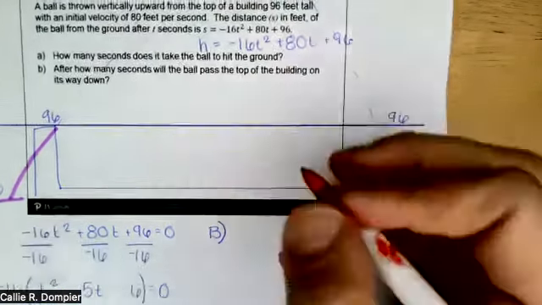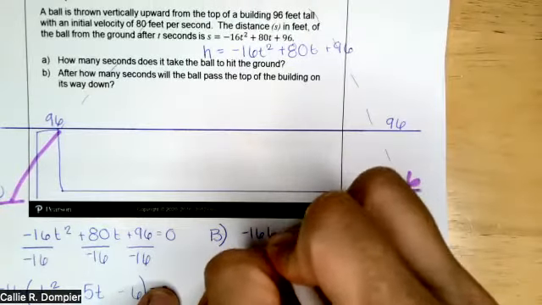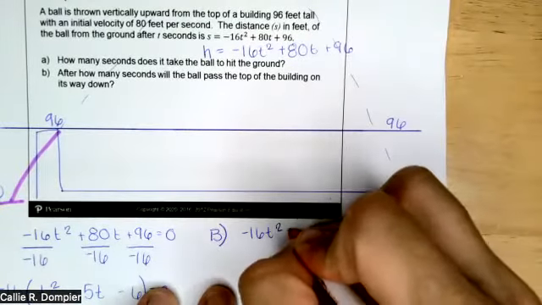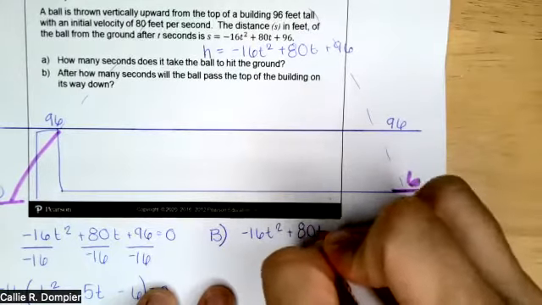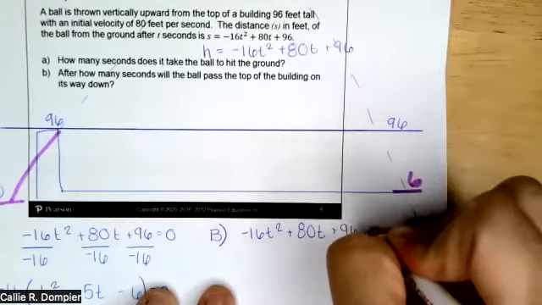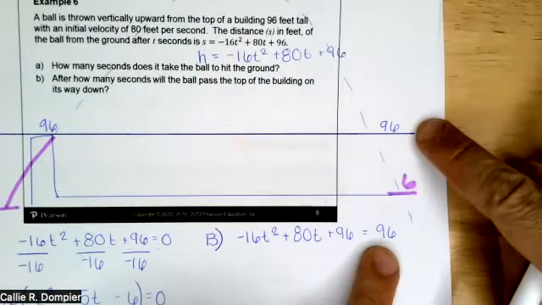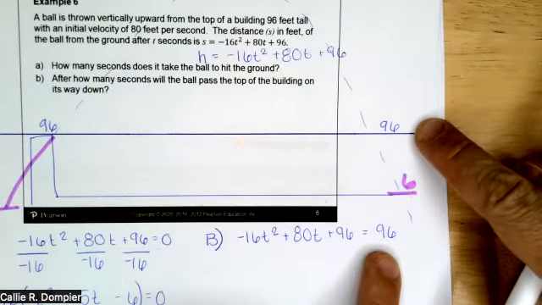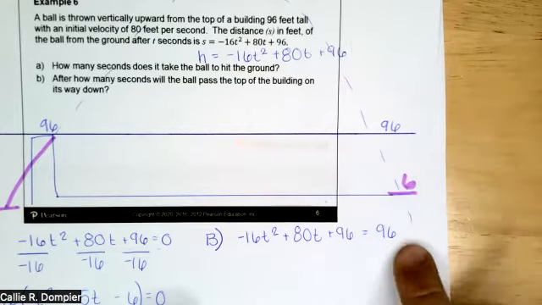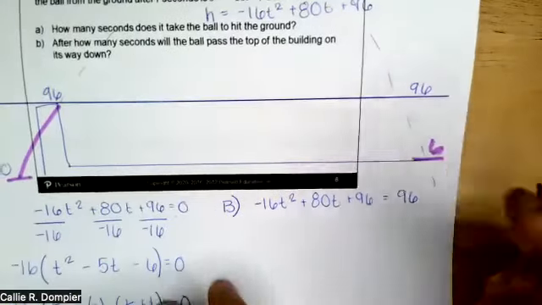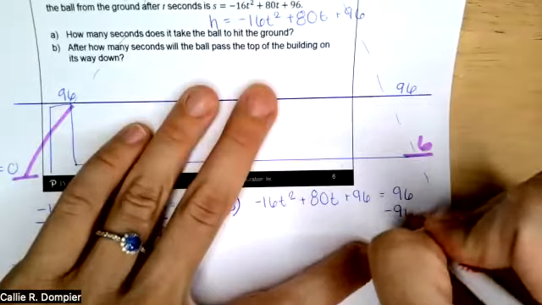So that same equation, negative 16t squared plus 80t plus 96 equals 96, right? When will it touch 96 feet high? I want to set this equal to 0, put it in standard form, so I'll subtract the 96.